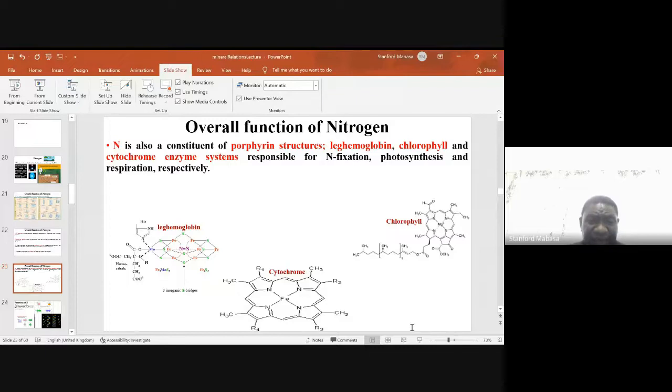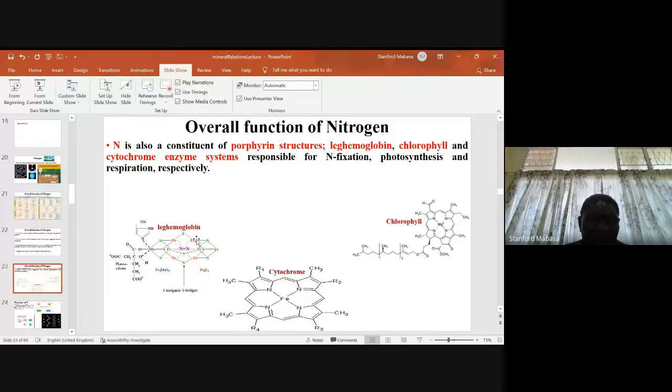And these are the structures. This is the structure of the leg hemoglobin. And at the center of the molecule, of course, we find the iron, but in other parts we find the nitrogen.